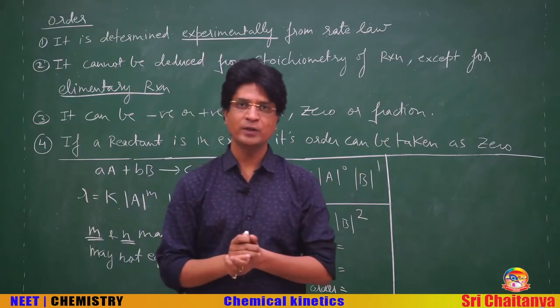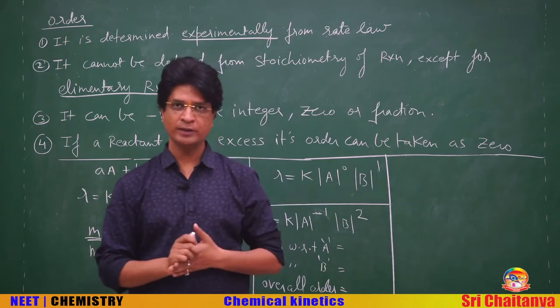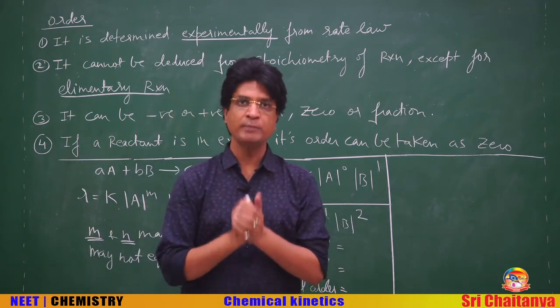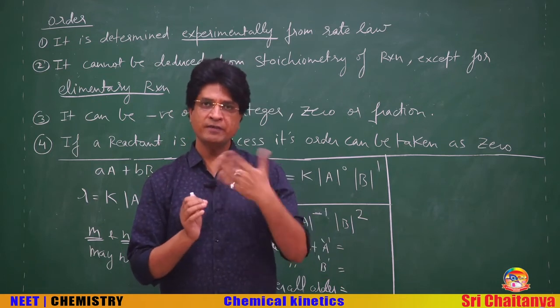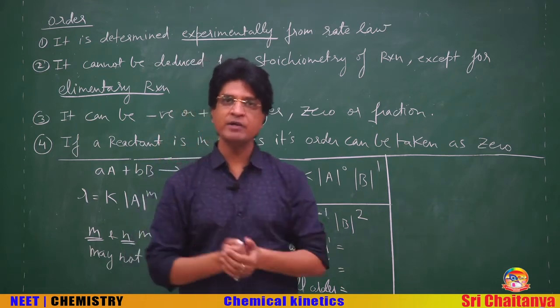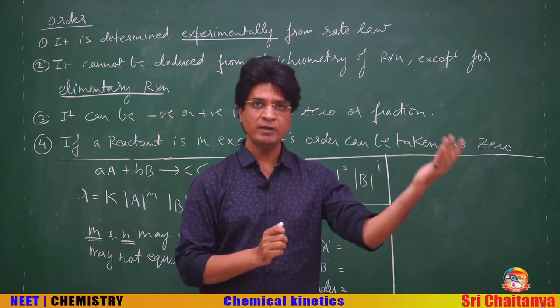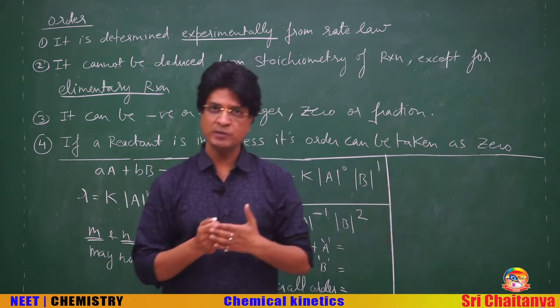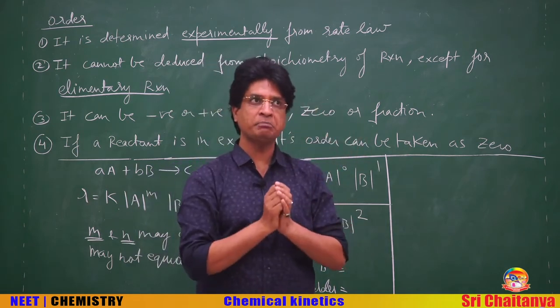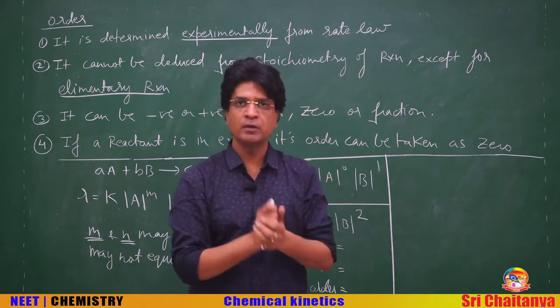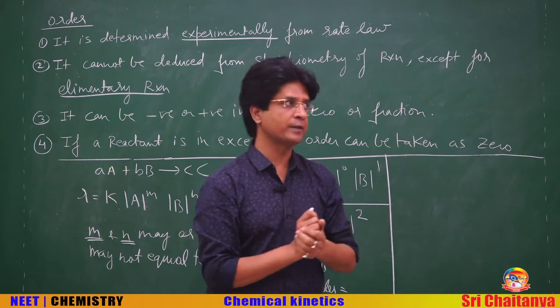During rate law, we came across a term called order. What is order basically, or what is the importance of order? Order signifies how sensitive a given reaction is with respect to a given reactant. What I am saying is that a reaction may be highly sensitive towards a reactant, or it might be insignificant from the point of view of a reactant.